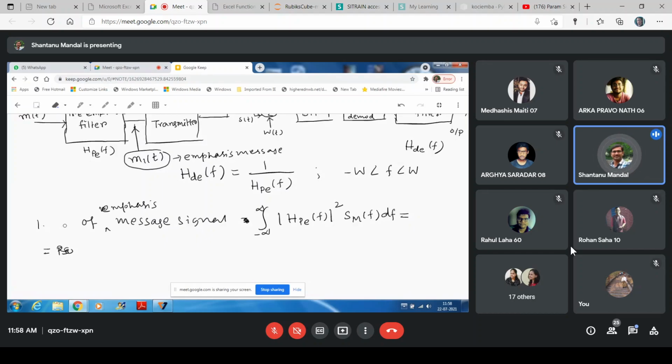This is the average power of the pre-emphasized message signal, which is the same as the average power of the original message signal.